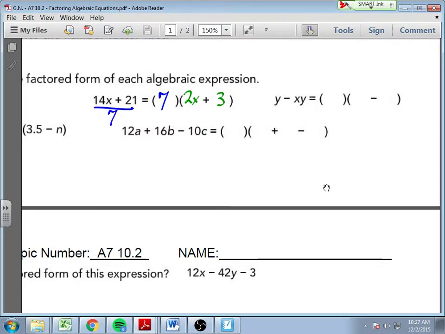Grace. Wait. Why is it 2x? Because, so, great question. Thank you for stopping us. When we divided this by 7 and divided this by 7, so 7 doesn't have a variable, so it doesn't goof with the variable. It doesn't do anything to the variable. It only affects the number. So 14 divided by 7 gives me 2, and the x just kind of comes along for the ride.